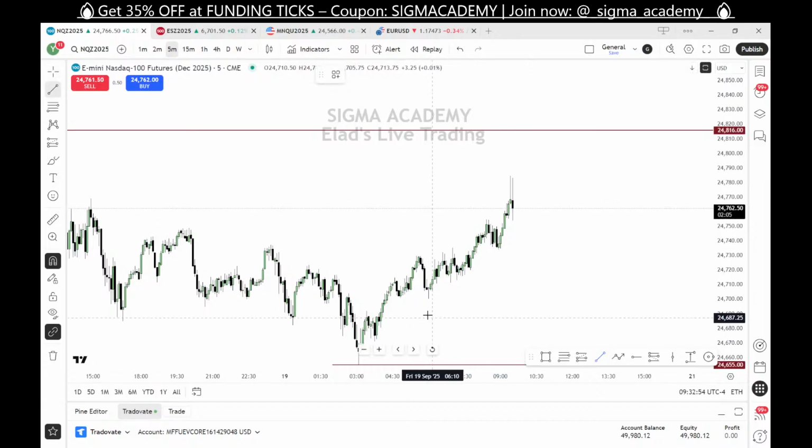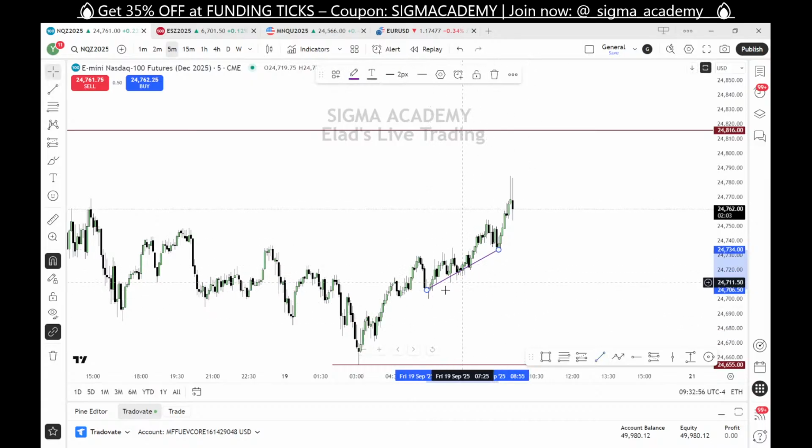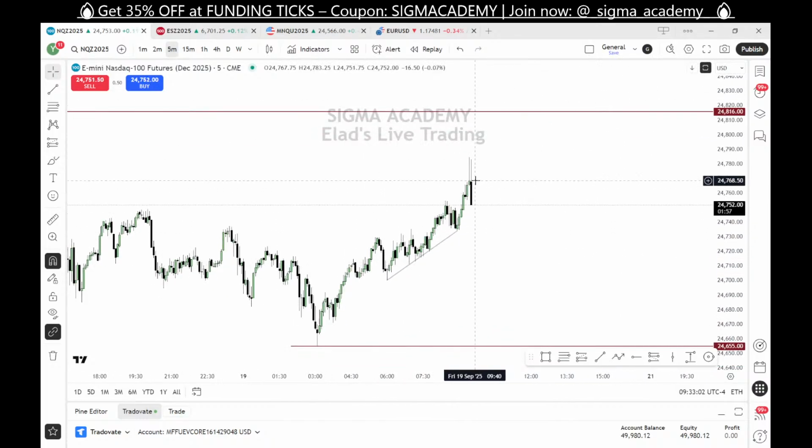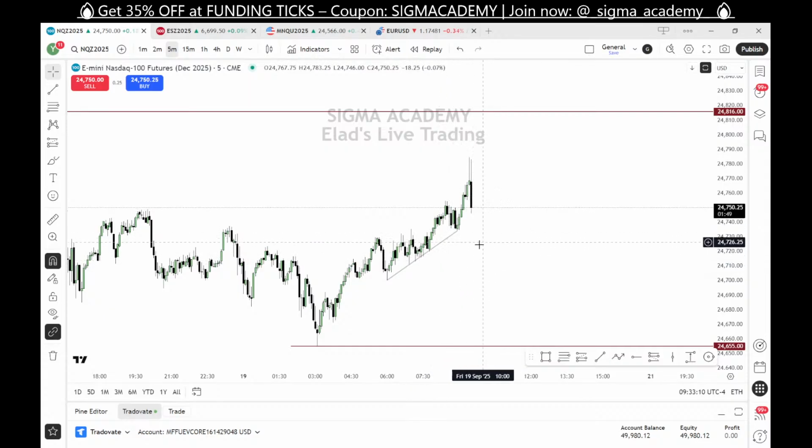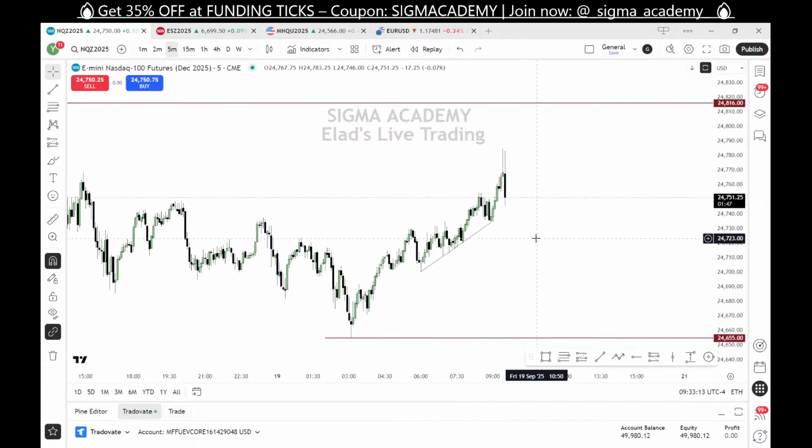By the way, we have low resistance liquidity runs right here. So the market will go fast through this area because all the trail stops are here, somewhere here, and retail traders see it as a trend line.